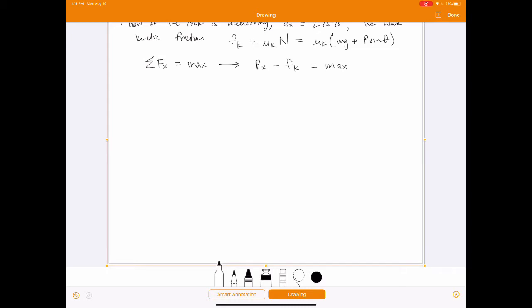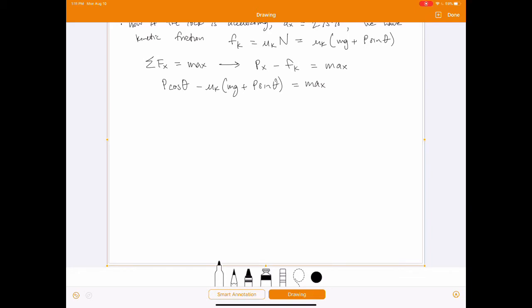Again, I don't want to set that to 0 on the right side because things are moving. And before we said that Px is equal to P cos theta. Okay, so just put that in there. And then kinetic friction is equal to mu k times mg plus P sine theta. And that is equal to max.